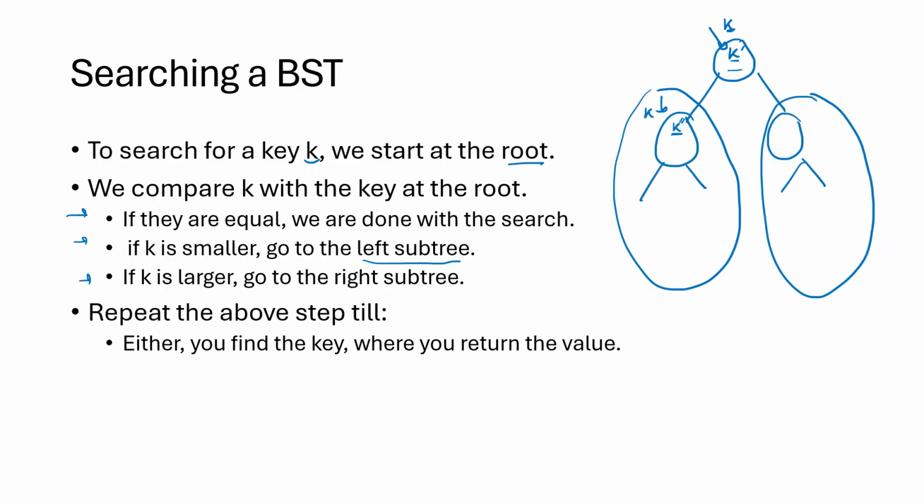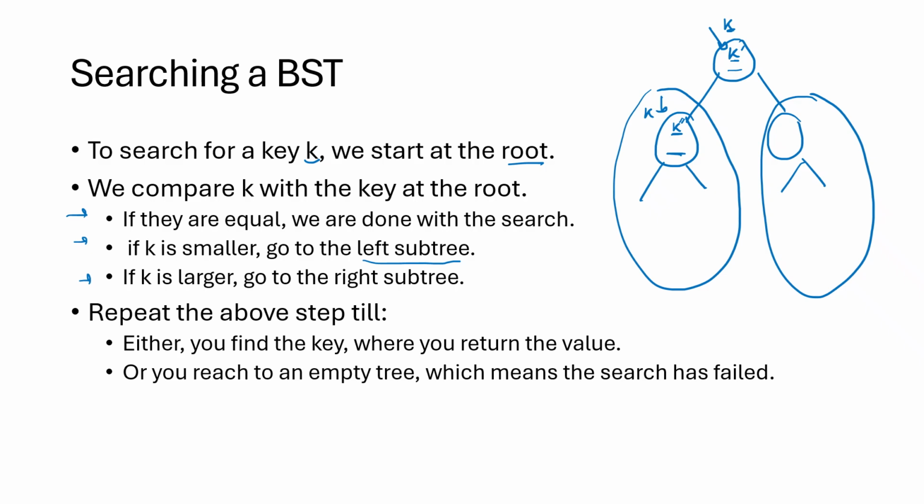So we stop when either we find what we are looking for, the key, and in that case we return the value. In the case of the phone book, we return the phone number corresponding to that name. Or it could be that we go down a path in this tree until we reach a node that doesn't have any children, and then we need to go either left or right, and we reach an empty tree.